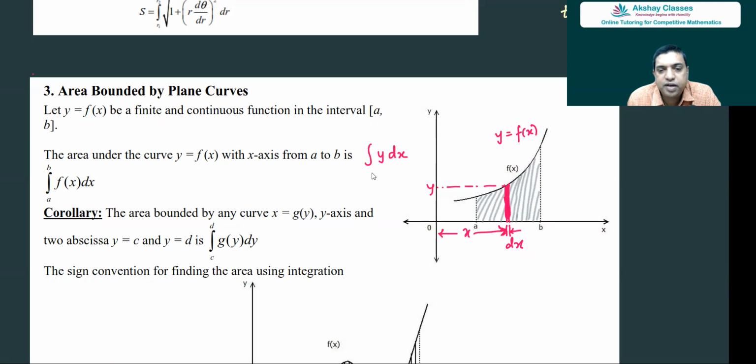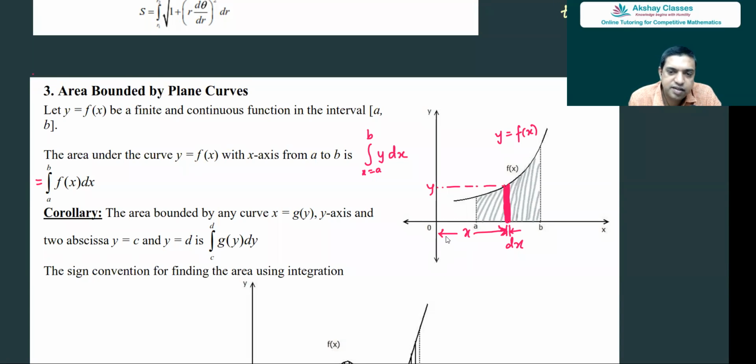It is integral y dx from x equal to a to b, which is same as, because y is in terms of x, f of x dx from a to b. Now look here, this is the elemental strip. It is a rectangular area. Very tiny strip.